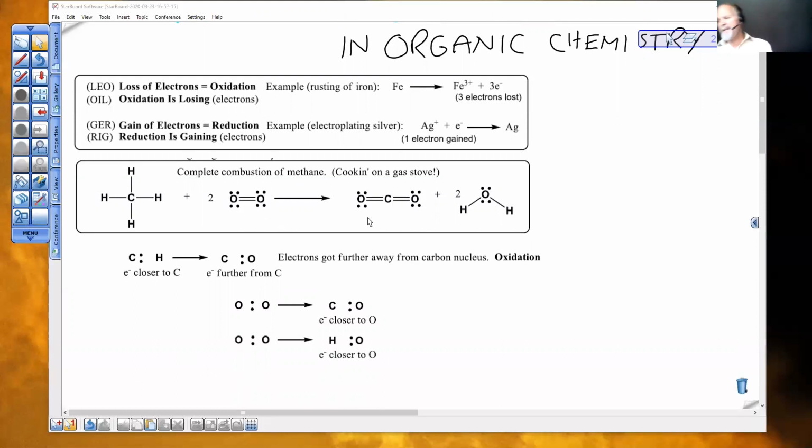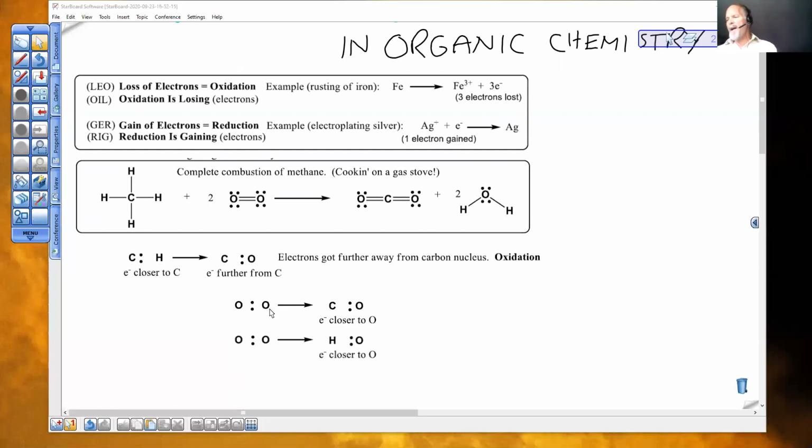And in that instance, the electrons got closer to oxygen. Does that sound like reduction or oxidation from oxygen's perspective? Did the electrons come closer or move further away to oxygen? They got closer. That's like gaining electrons, isn't it? So we say oxygen got reduced.